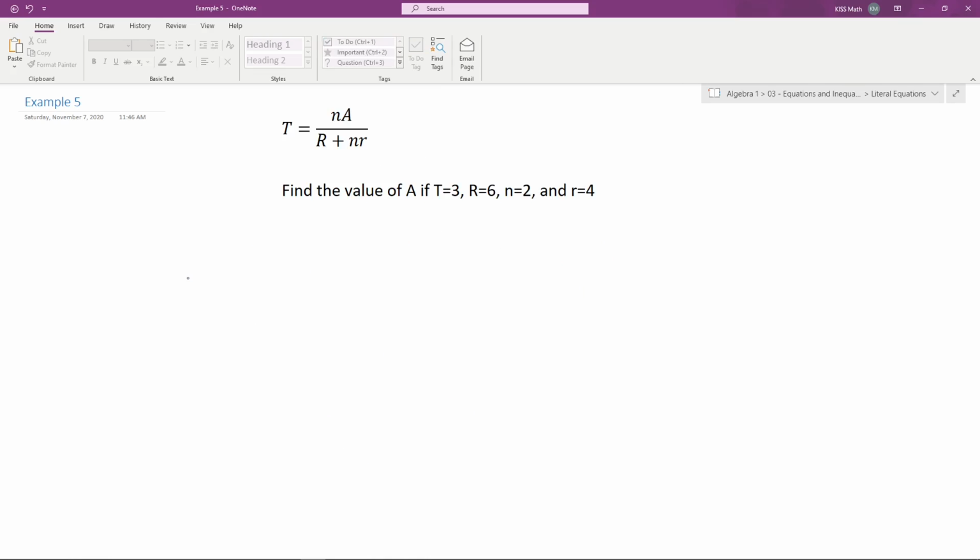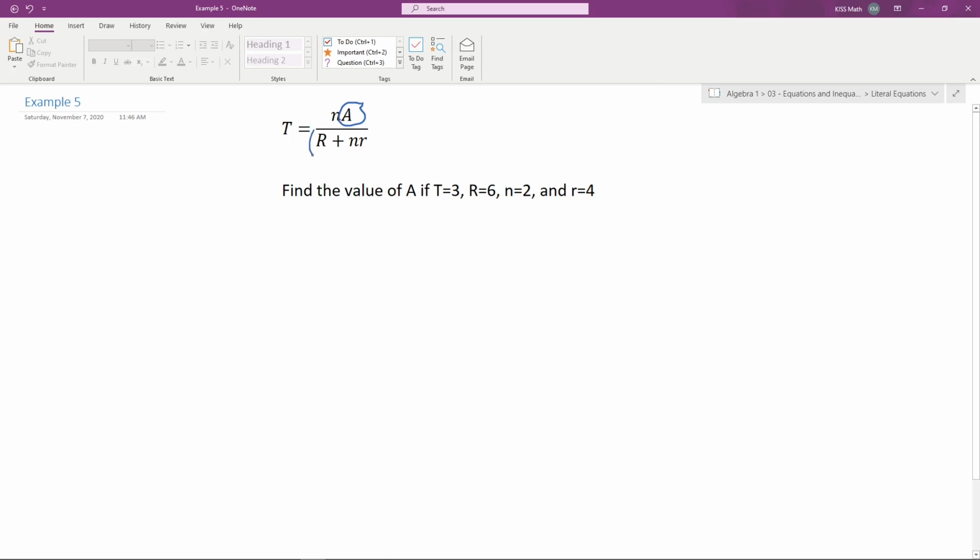This will be the last example. So here we have an equation and it's telling us find the value of A if T equals 3, R equals 6, N equals 2, and r equals 4. So this means we not only have to solve and isolate A, we then have to substitute all of these numbers in and find the actual value of A. So in order to isolate this a here, that's the only place where I see it, I'm going to have to start by getting this out of the denominator.